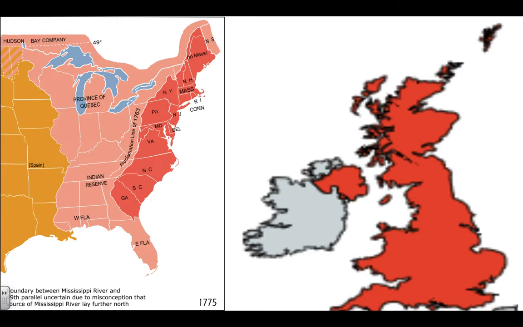The lighter pink is technically their territory, but the difference is that colonies have direct rule, although they do have their own governors. With territory, they're technically in charge of it, but they don't actually do anything there. So they promised not to make any of that their colonies, to kind of please the Native Americans. And of course, it got many of the colonists mad because they wanted more land.